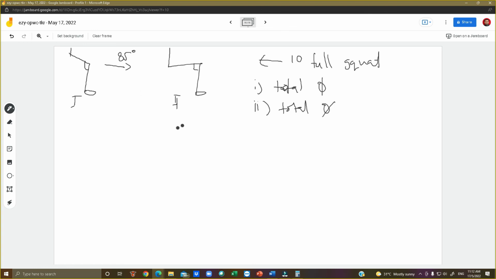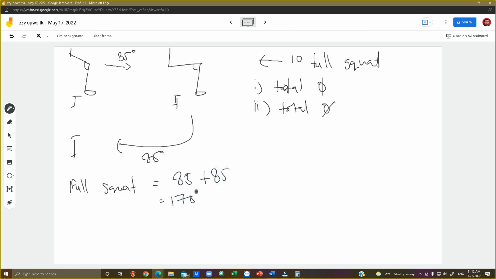And remember, this is not full squat. Maksudnya dia akan patah balik ke posisi 1. So you have another 85 degree. So one full squat is 85 plus 85, 170 degree. So 10 full squat, berapa pi kita ada?